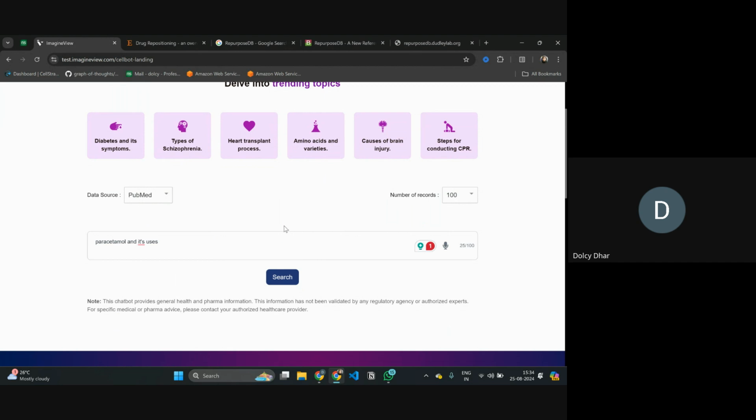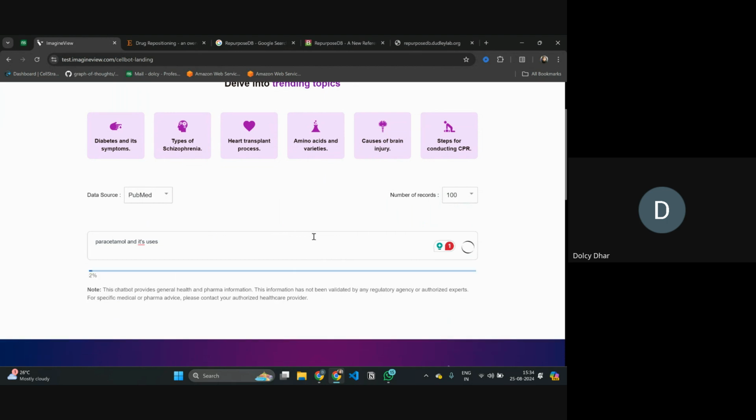Peer reviewed means the research has been well vetted by many people before being uploaded on PubMed. You can decide the number of papers to pull: 100, 500, 1000, 2000, and up to 5000. Mind you, more than 500 or 1000 papers takes a bit of time, so you might have to wait.